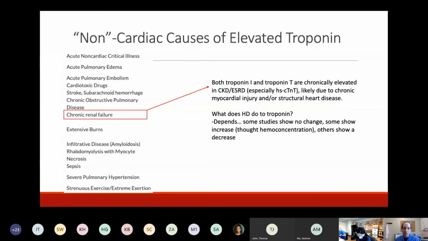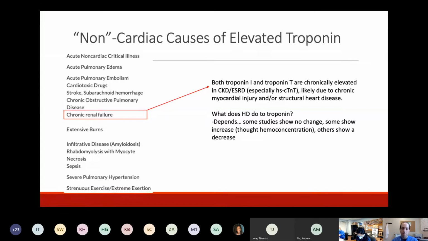The one I feel like we always talk about is renal failure. Everybody always says, oh, this person has elevated troponins because they're not being cleared since they have advanced chronic kidney disease or end-stage renal disease. Interestingly, I looked up in some of the papers what dialysis does to troponins, and it kind of depends, honestly. In some of the studies, it decreases the troponin by dialyzing them off.